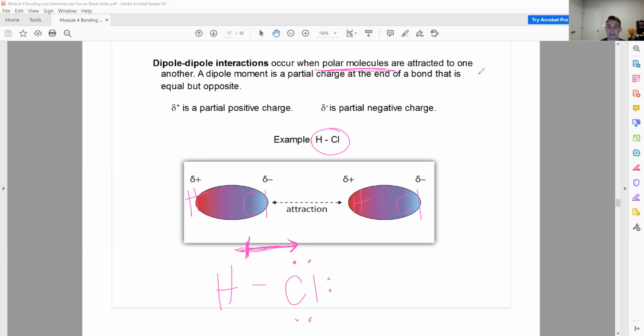So this is showing me my dipole moment. It's getting pulled towards the chlorine, and the hydrogen part's the positive part. And so the attraction of a dipole-dipole interaction is the attraction between the partially negative chlorine in one hydrochloric acid molecule to the partially positive hydrogen in another molecule. And that's your dipole-dipole.